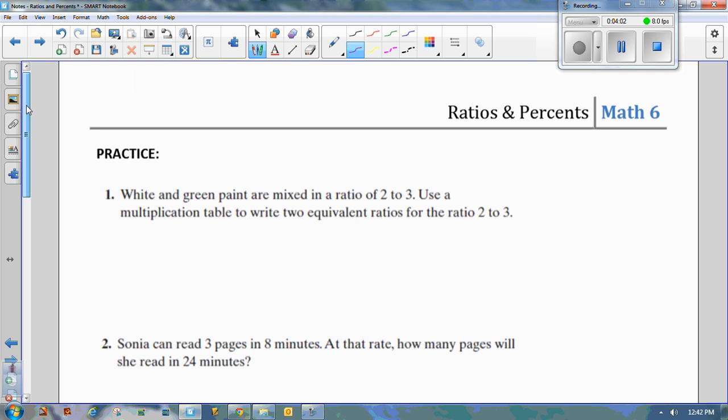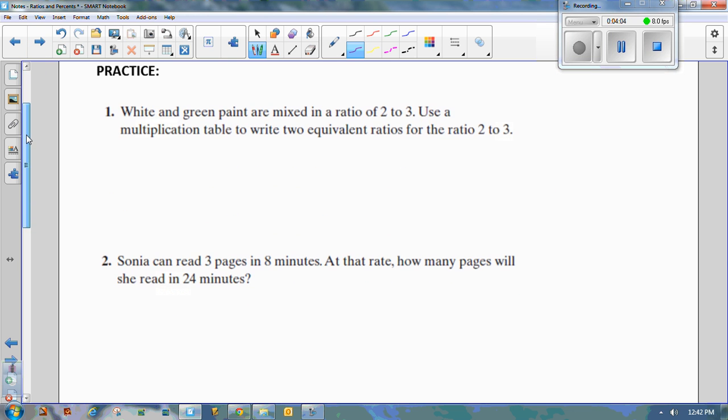Now let's take a look at ratios in word problem form. Here on number 1, we are told that white and green paint are mixed in a ratio of 2 to 3. So it's 2 white and 3 for the green.